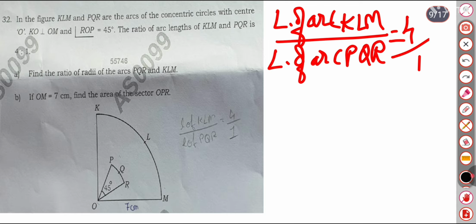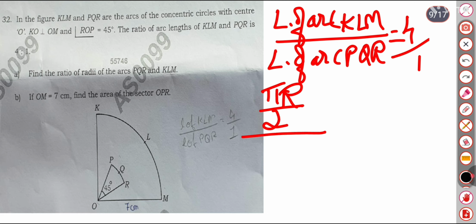But an easy method, since it is mentioned that it is 90 degrees: the full circle circumference will be 2 pi r, a semicircle's arc length will be half of that, that is pi r. Again, if it is 90 degrees, it is a quarter, so the arc length will be pi r by 2. So directly we can write it as pi R by 2 for the big arc.